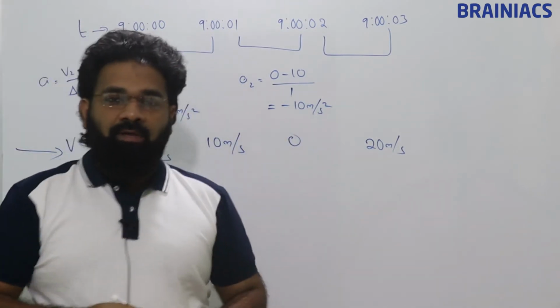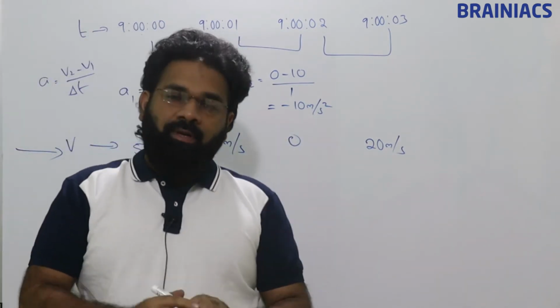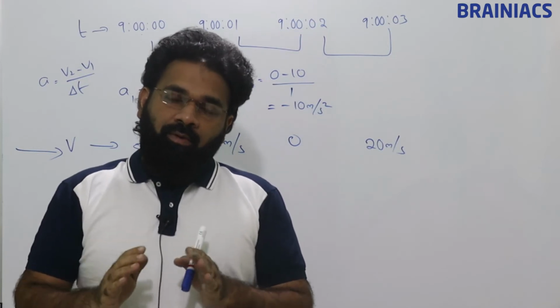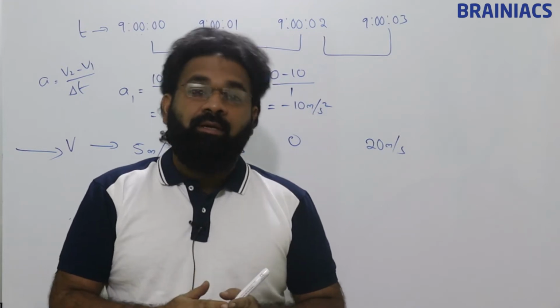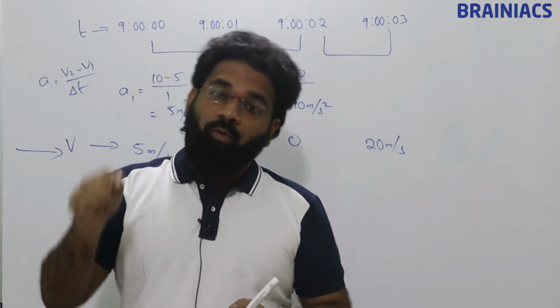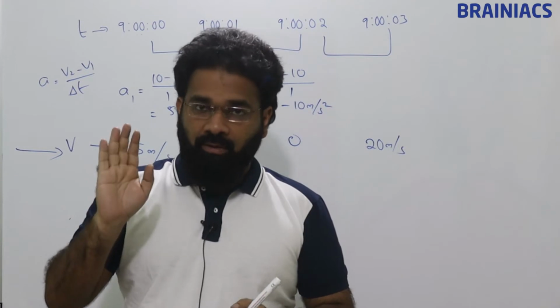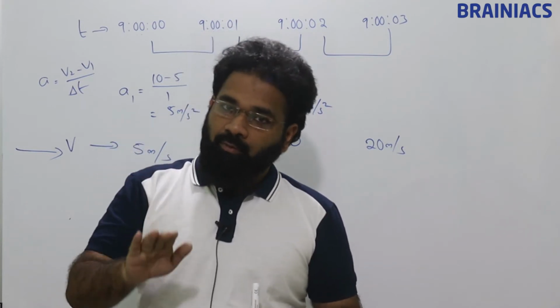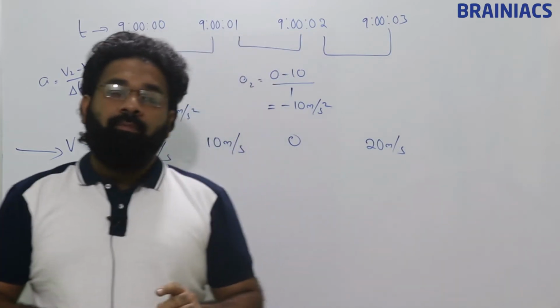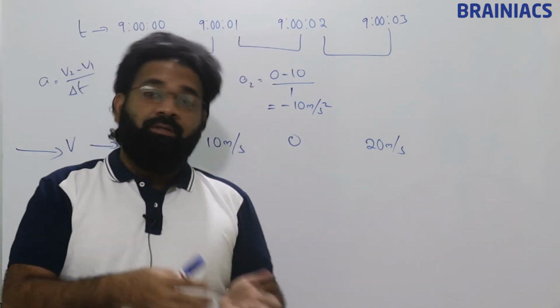What does this negative indicate, actually? Acceleration is negative there. What happens there is deceleration. So when you apply brake, your velocity will come down. So velocity will be reduced. Okay, so acceleration can be positive, acceleration can be negative.